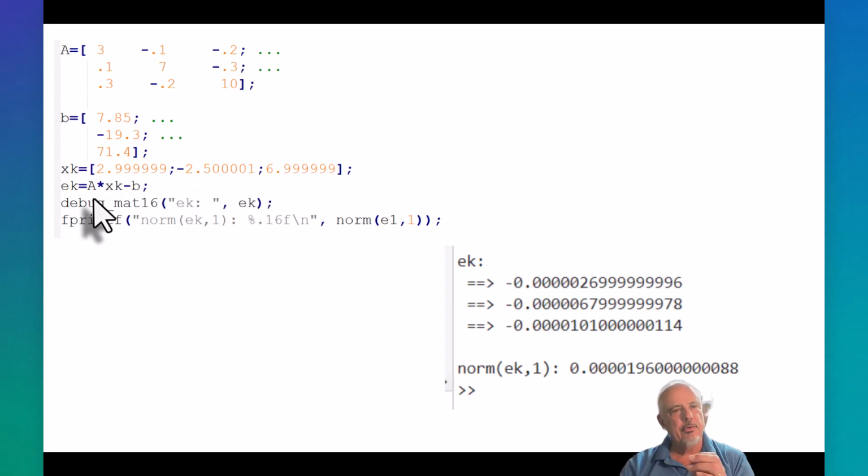And then I carried through the A times x minus b to get my E sub k. I did a matrix display of that which gave me 16 digits to the right of the decimal. And then I showed the one norm in this way. Okay, so that's how I got the numbers that I showed you on the previous slide.